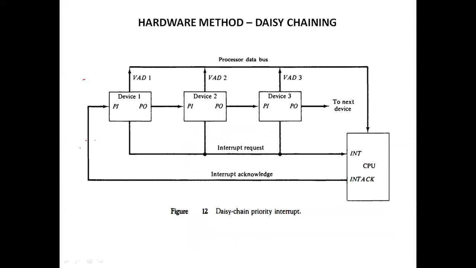You can see this interrupt request line is connected to the first device, the second device, and the third device. Whichever device wants to interrupt the CPU can send the interrupt through this line to this interrupt. So INT is nothing but interrupt.